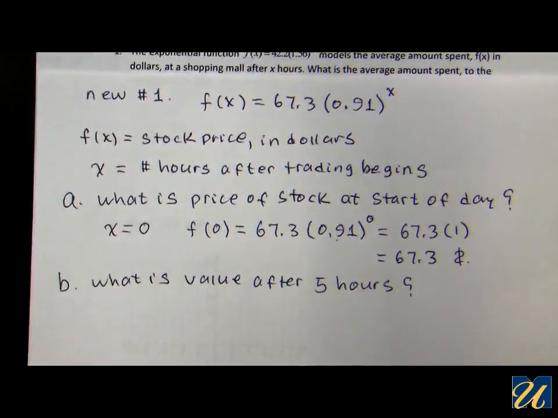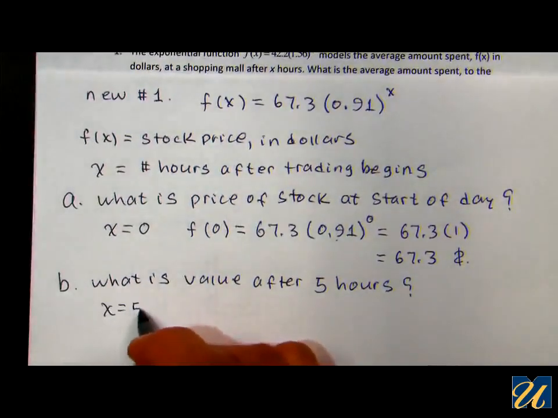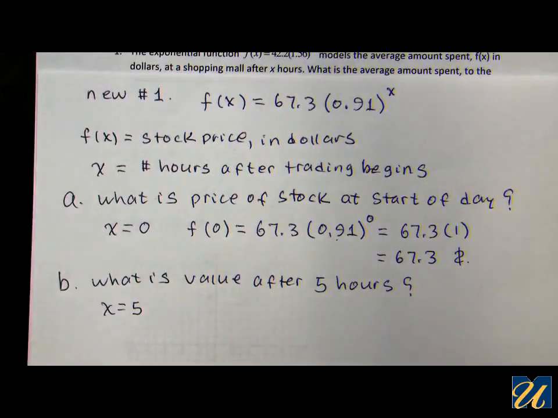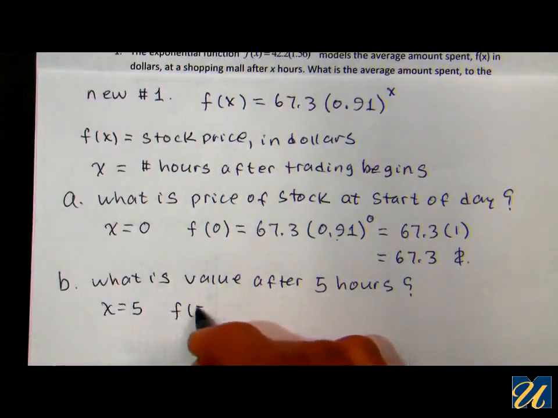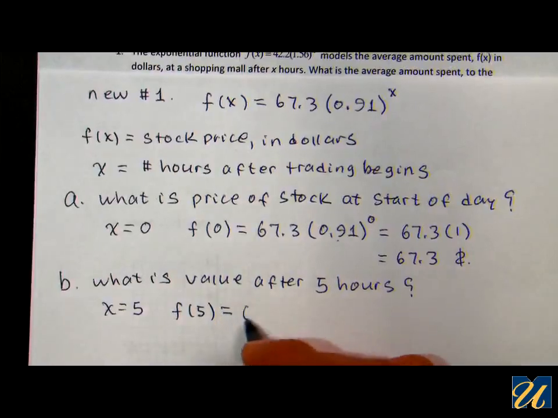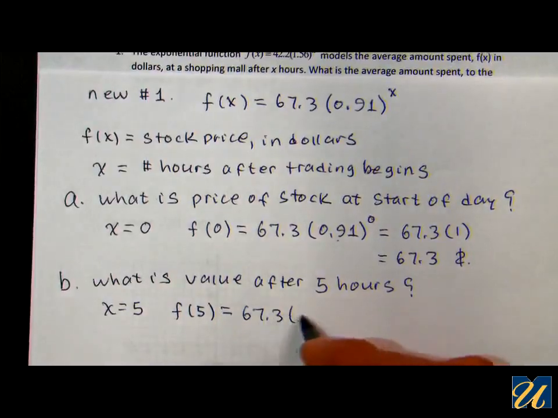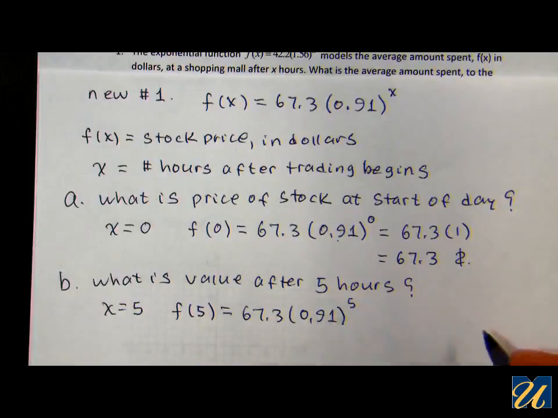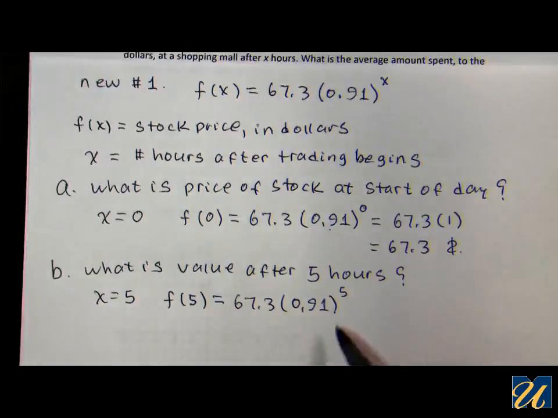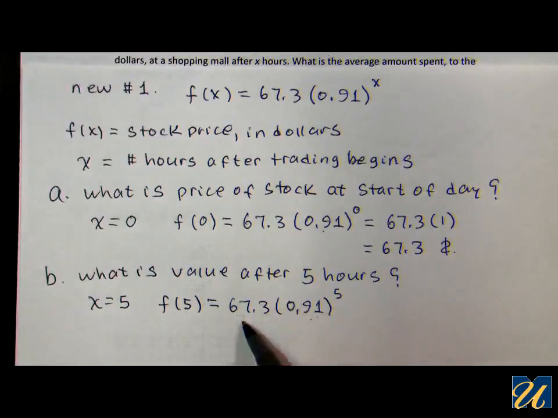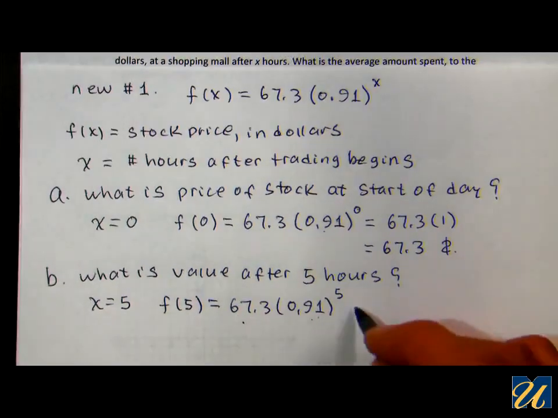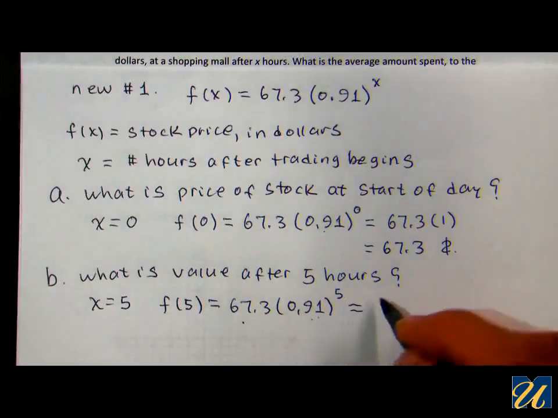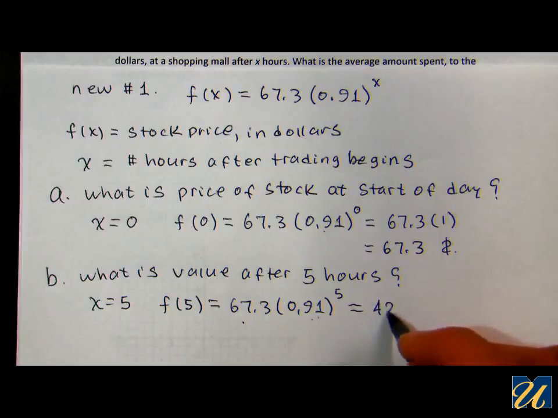So x is 5, the number of hours since trading began, and f of 5 is the value of that stock in dollars, 67.3 times 0.91 to the power 5. Exponents first: take 0.91 raised to the power 5, second multiply by 67.3, and we'll find that it's almost exactly $42.